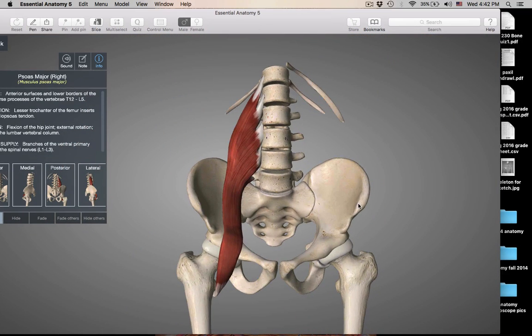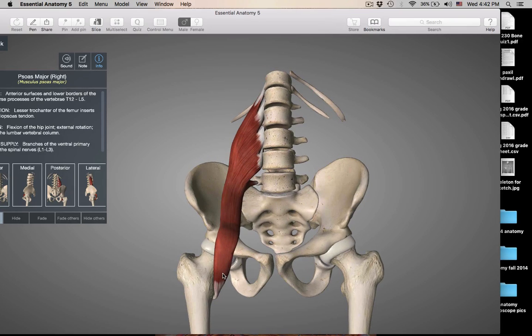There he sits. So psoas, the origin is going to be on the anterior bodies and transverse processes of T12. Here's the last rib, rib 12, T12, all the way down to L5, the last lumbar vertebra. So that is going to be the origin.